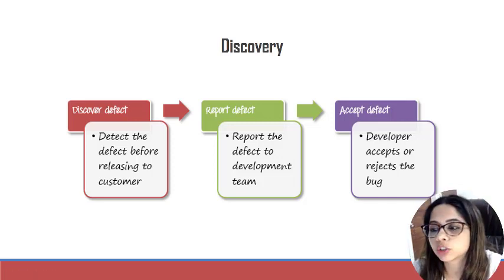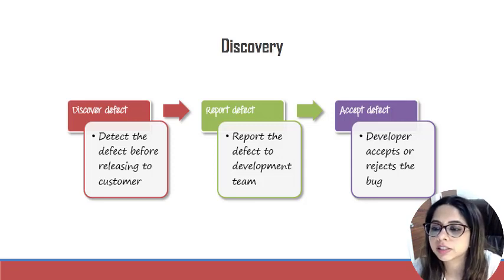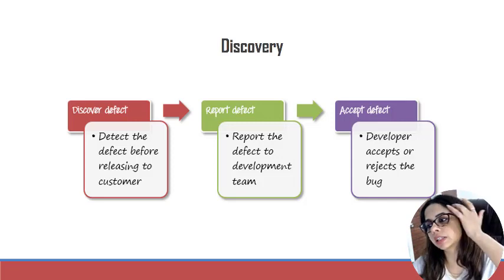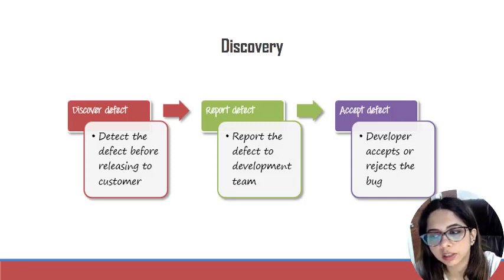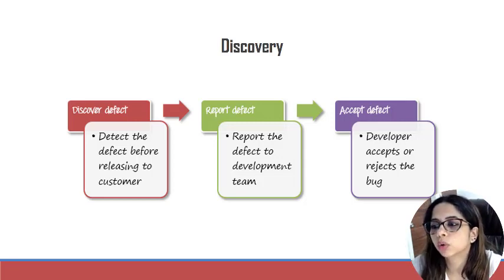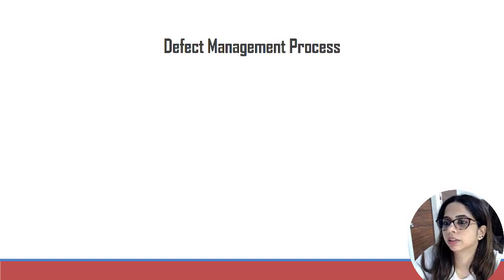Your defect needs to be accepted by the developer to whom it is assigned, because there are reasons due to which defects are rejected. We will be learning those 4 reasons in our bug life cycle. Here you have to understand that the defect must be accepted by the developers, only then will they actually resolve the defects.